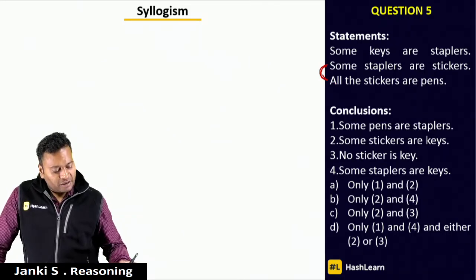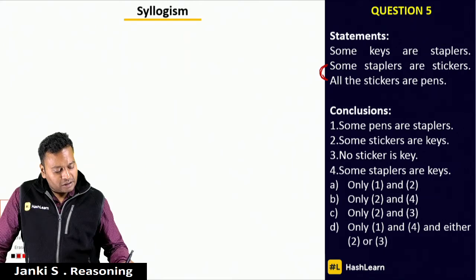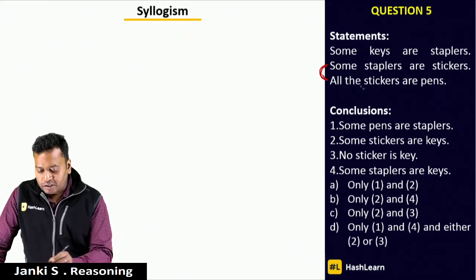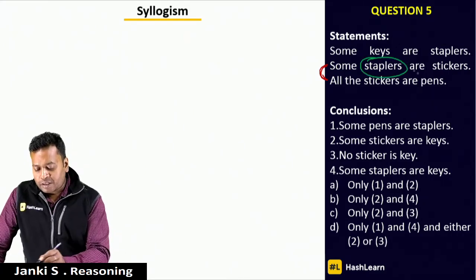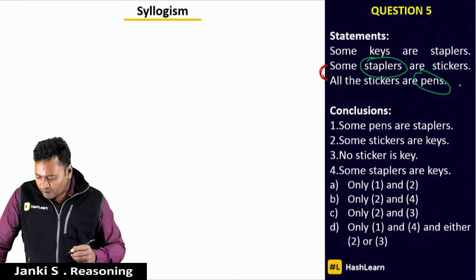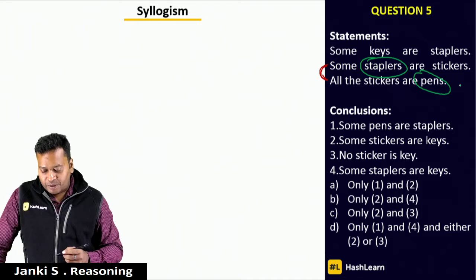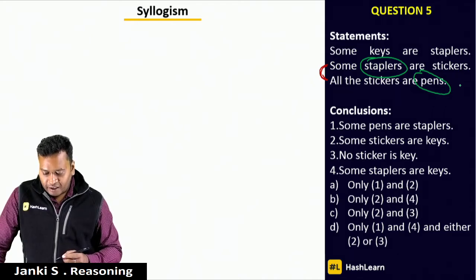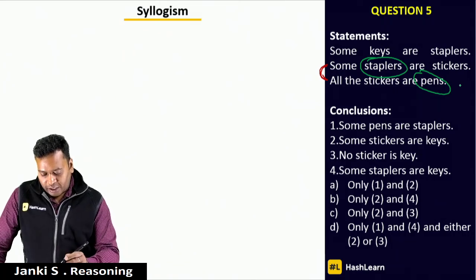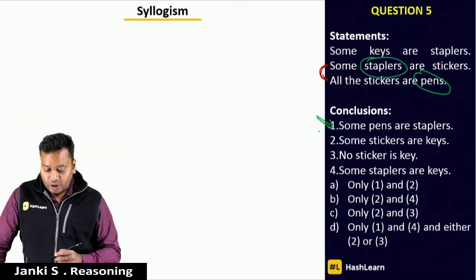The common value is sticker, so we consider stapler and pen. There should be a relation between stapler and pen: some staplers are pens. I have directly gone through the option here.